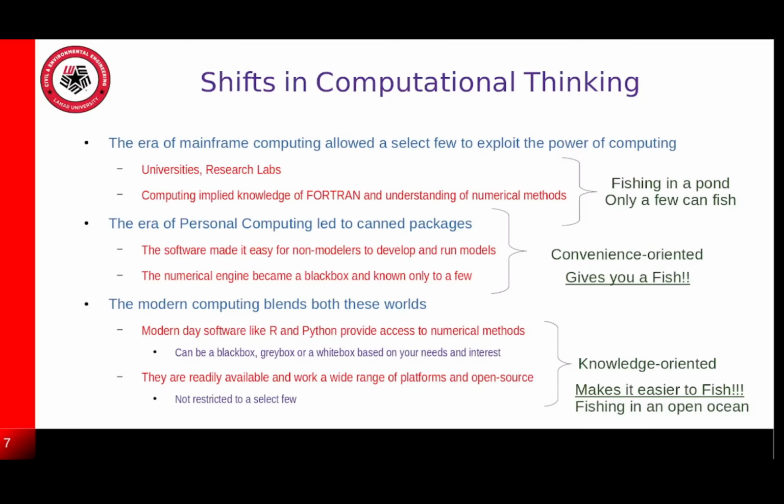So this is more knowledge-oriented; it retains some of the convenience, but also requires you to do some work. There is also a wide range of platforms and open source data. So you're not restricted to just a few data structures or data types. You can explore many different things.